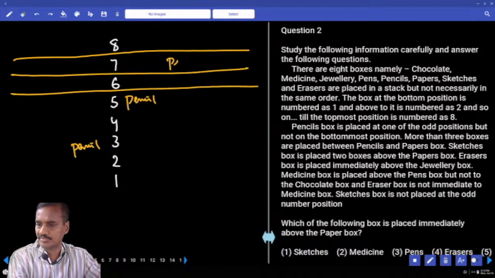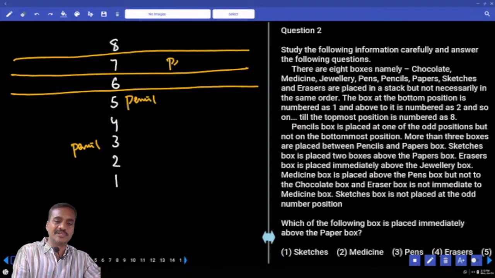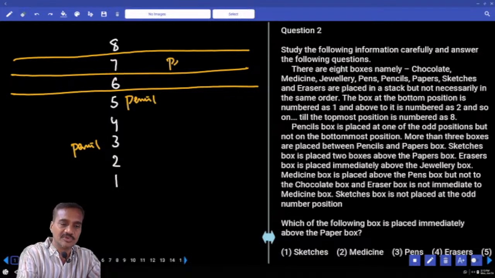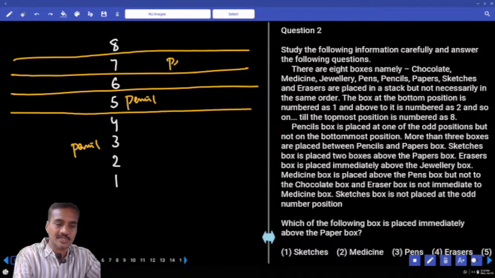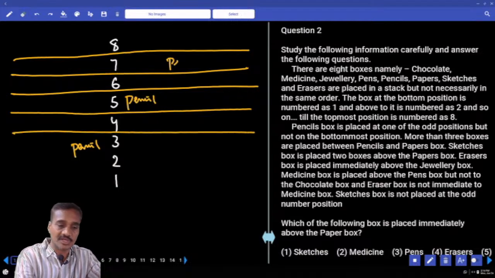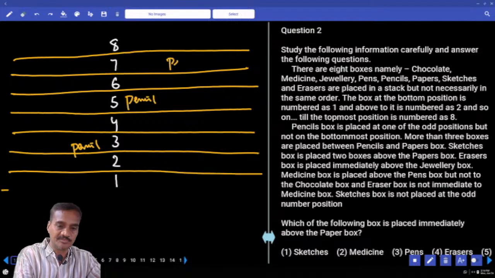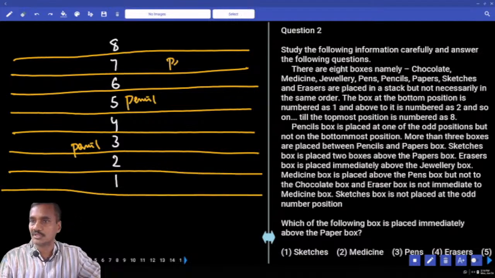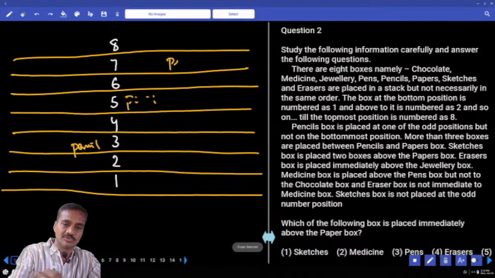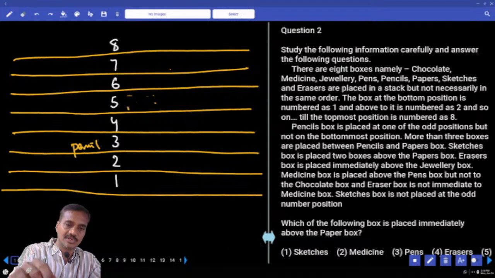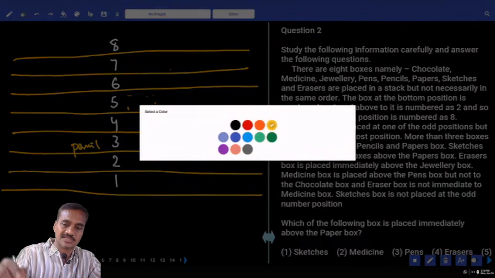But not more than 3 boxes between pencil and paper. More than 3 means you need a minimum of 4. Hence pencil cannot be at the 5th place, so one more possibility is ruled out. Then pencil can be either at the 3rd place or at the 7th place.